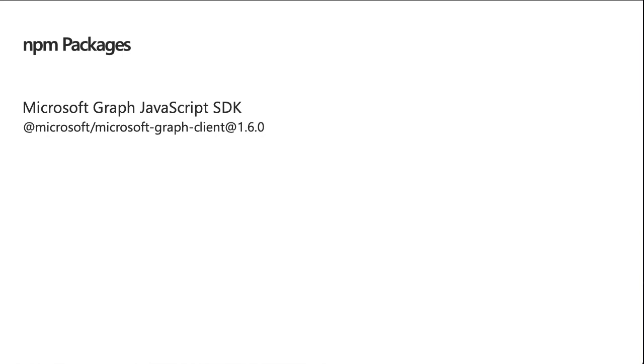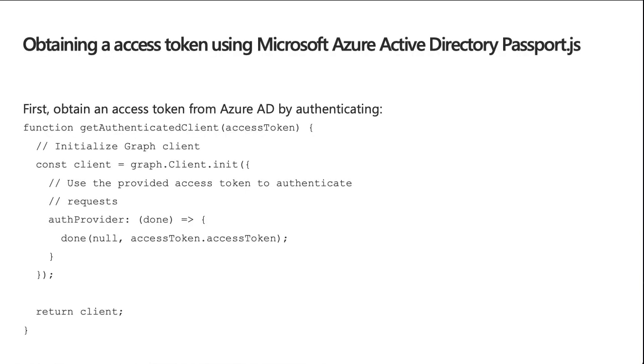In this case, you see on the slide where I'm referencing a specific version of 1.6.0. That's just an option. The way you specify a specific version is by using the @ with a version number on the very end, so in this case, @1.6.0. If you exclude that, if you just say @microsoft/microsoft-graph-client, that will get the most current version that is available for you.